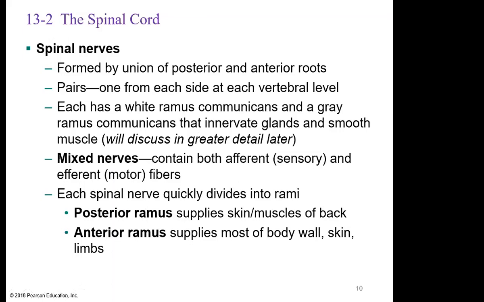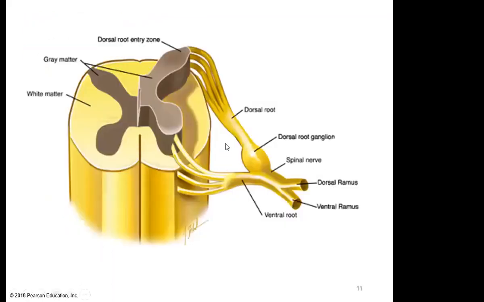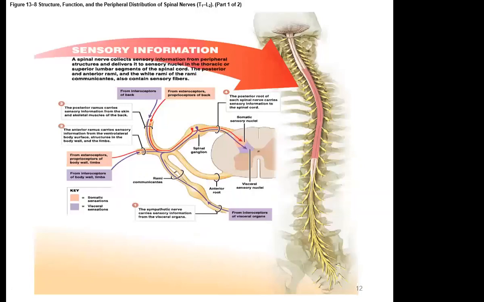Very good, anterior. Okay, so here you can see the spinal nerve quickly dividing into that dorsal ramus and that ventral ramus. At that bifurcation, the ventral ramus goes on to create the plexuses, and the dorsal ramus innervates the skin and the muscles of the back, as we want our strong husband to do.